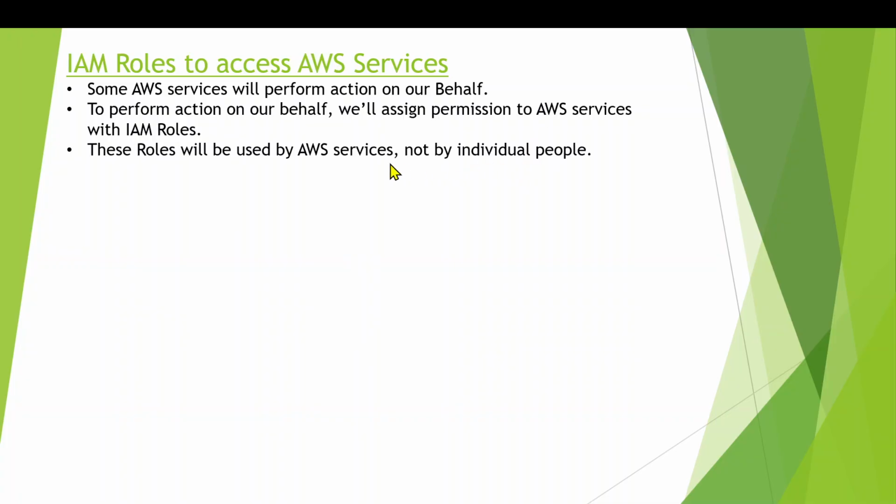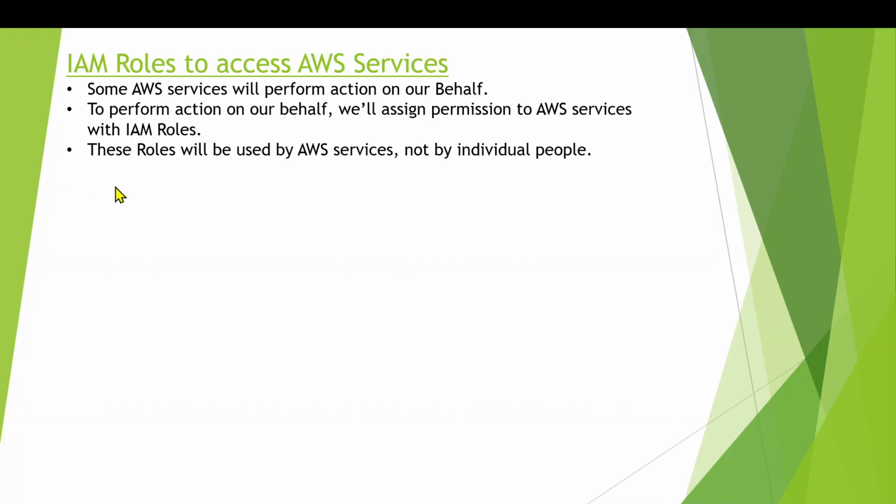This role will be used by AWS services, not by an individual person. So we'll create IAM roles which will be used by services such as EC2, which is like a virtual server. That role will be used by that EC2 service to perform some actions.